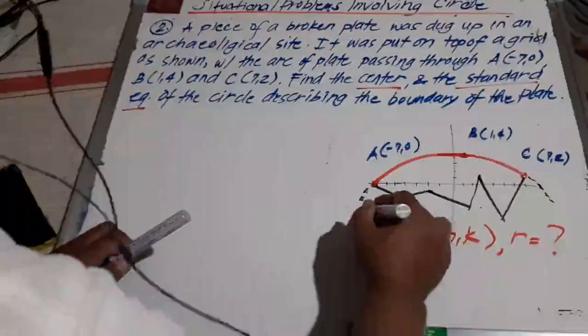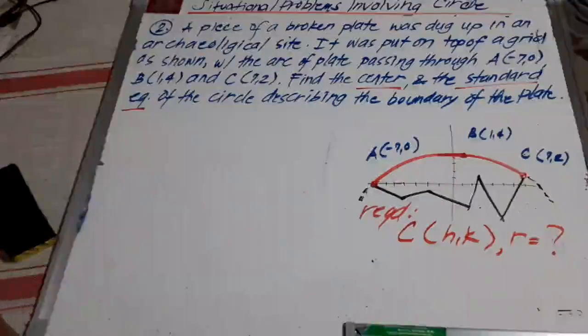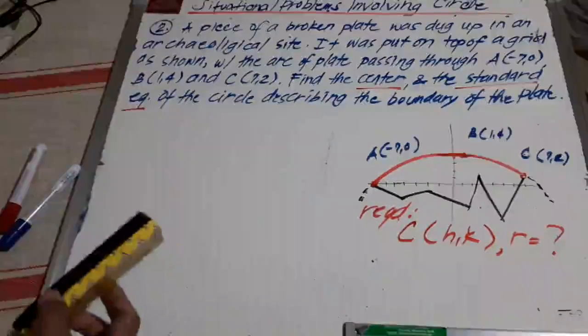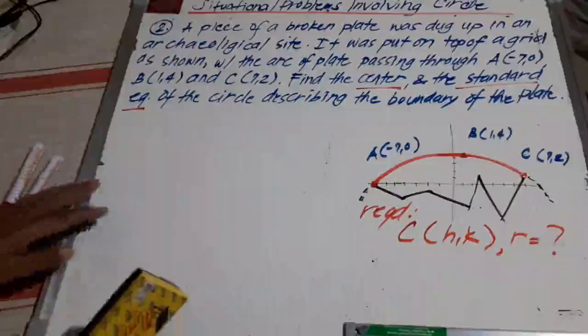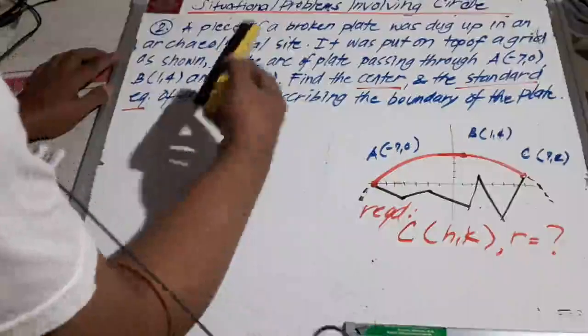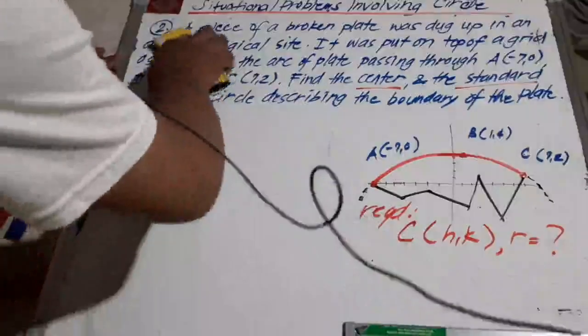Yan ang ating required sa problem. Okay, method 1 muna. By the way, I forgot to tell you pala, yung method 1 pala, gagamit tayo ng elimination method para ma-solve natin yung h, k and r. So, dalawa. Standard form of circle and elimination method.